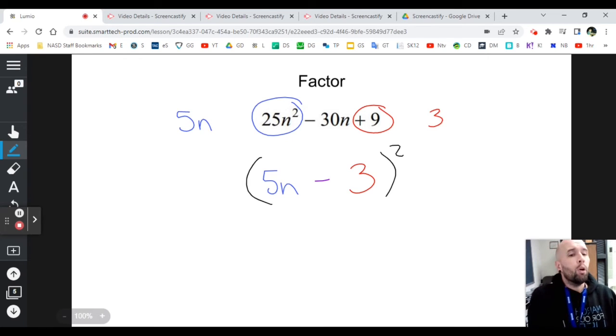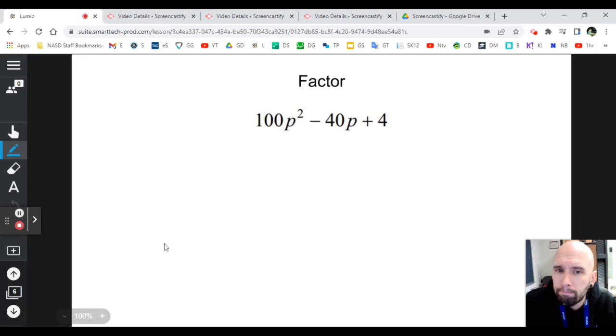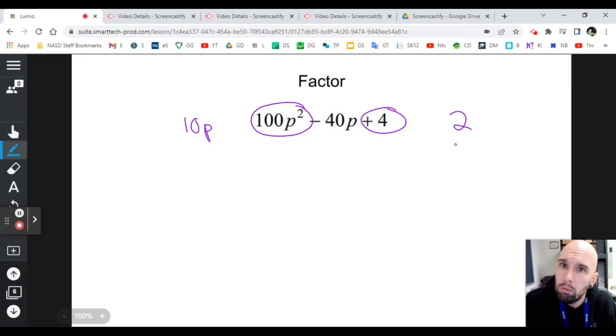So if you know the shortcut, the problem's a whole lot easier. And there's the shortcut. So let's do it again. 100p squared, regular 4, negative 40p in the middle. What's the square root of that? 10p. What's the square root of that? 2. 2 times 10p is 20p.